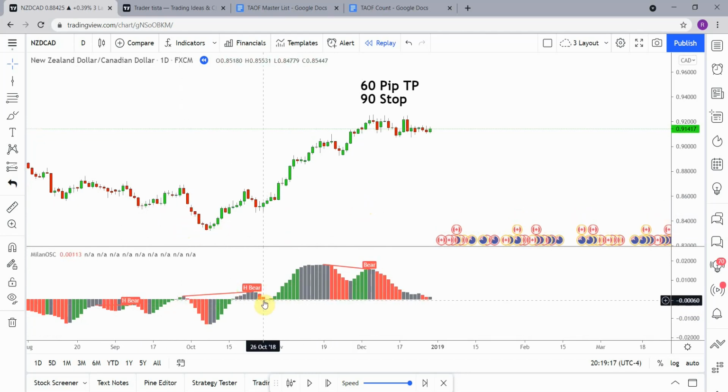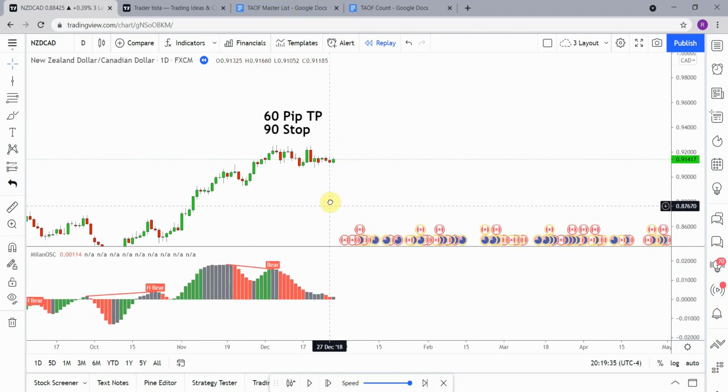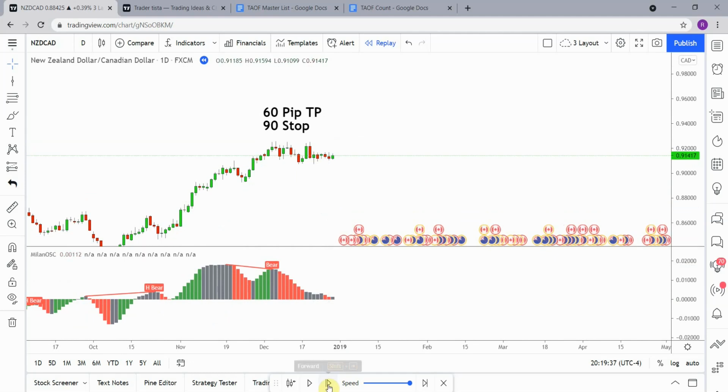Either the bars will cross the 0 line and be green for long and red for short, or they will be a continuation, kind of like this one here, where it was green, went gray, red, then green again for a continuation. That is the setup that we're looking for. That's how we're going to test it. Let's go ahead and get on with the testing.